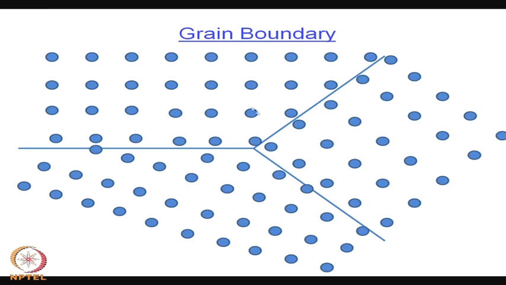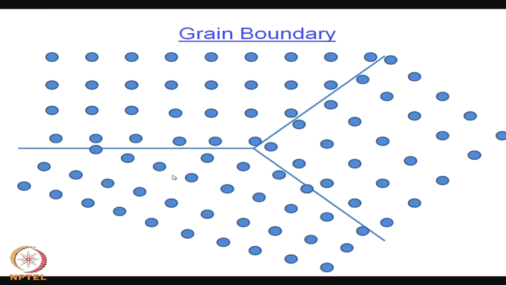This is one grain, this is another grain, and this is another grain. The characteristic of these grains is that each has a particular orientation. For example, these are particular planes having orientation in this direction, but you can see the planes are oriented in a different direction, whereas in this one there are other directions.